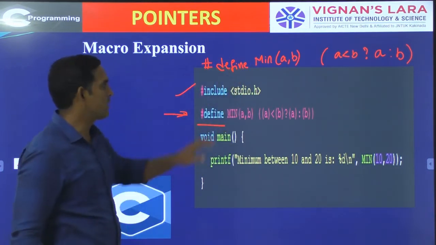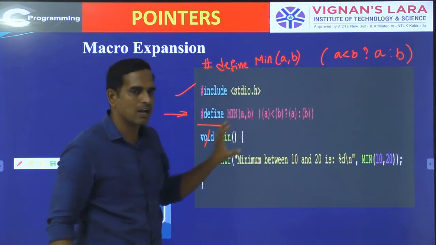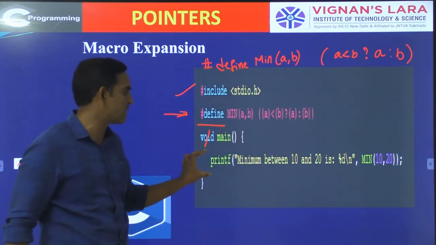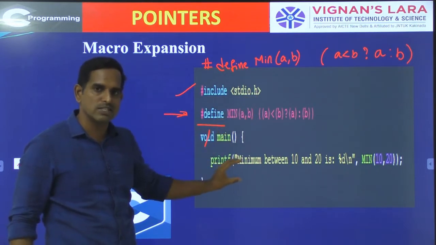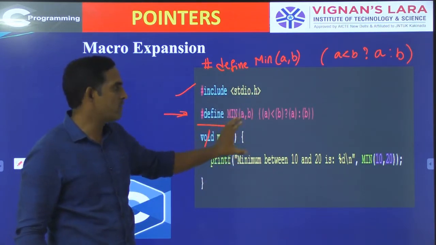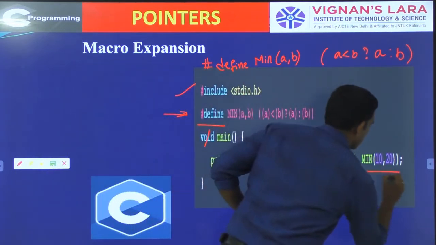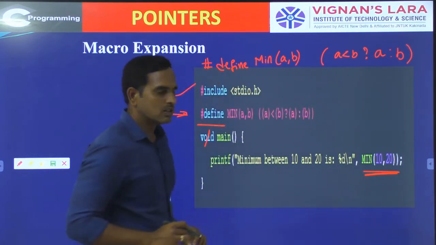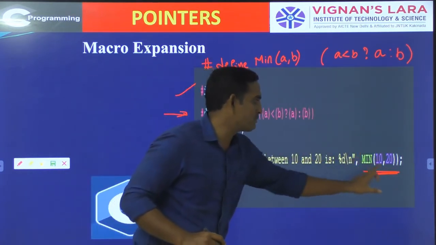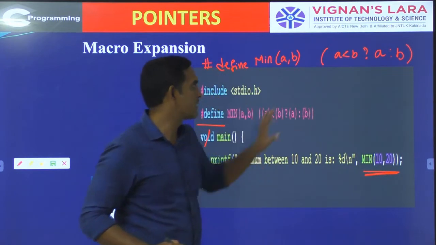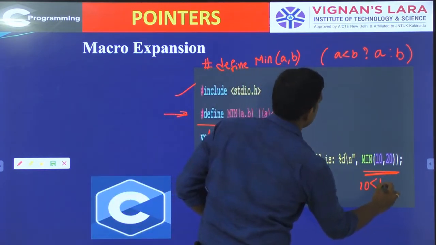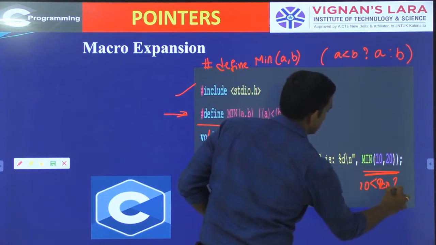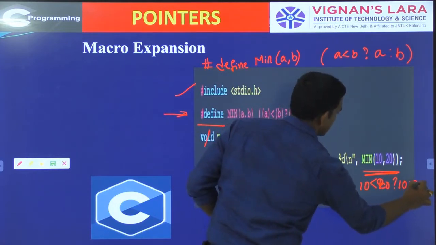You can use this function macro any number of times inside main. Wherever you use that macro, it will be replaced by the code. So now it will be replaced by 10 less than 20, 10, 20.